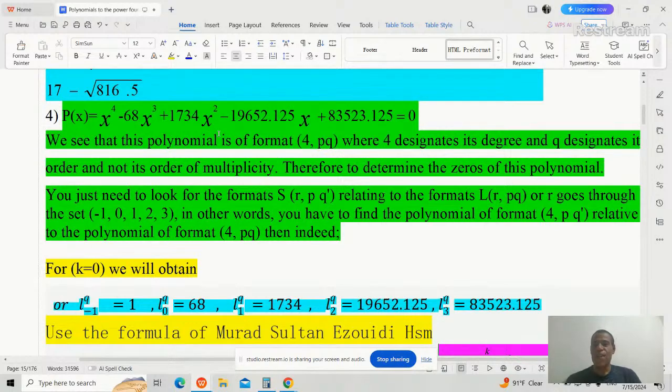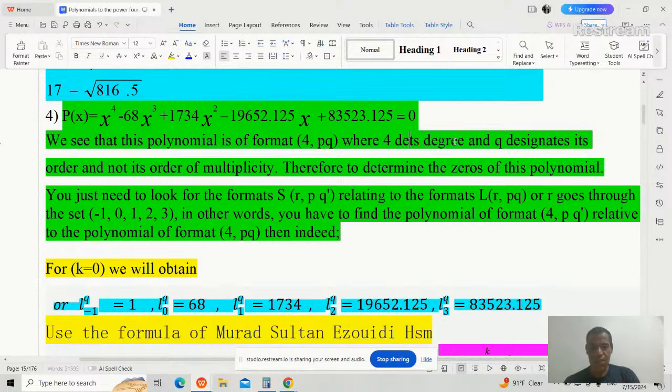First of all, you can see this is a polynomial of form 4PQ, where 4 denotes its degree, and Q denotes its order, not its order of multiplicity.